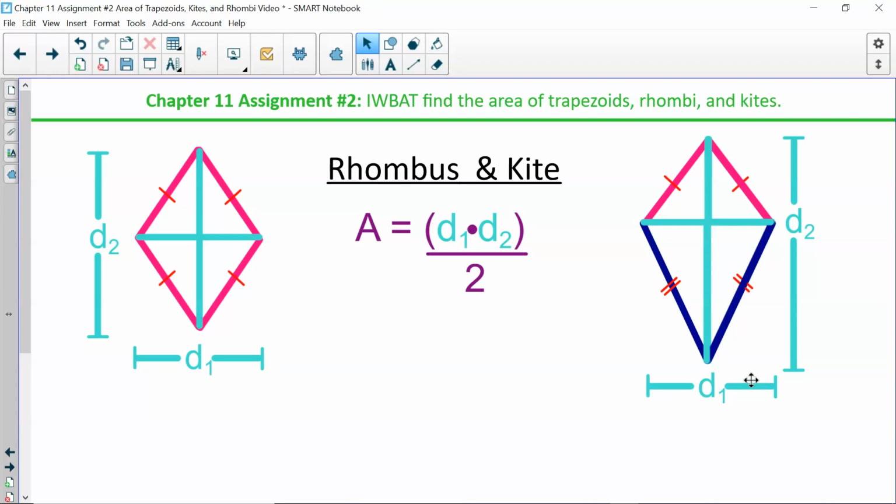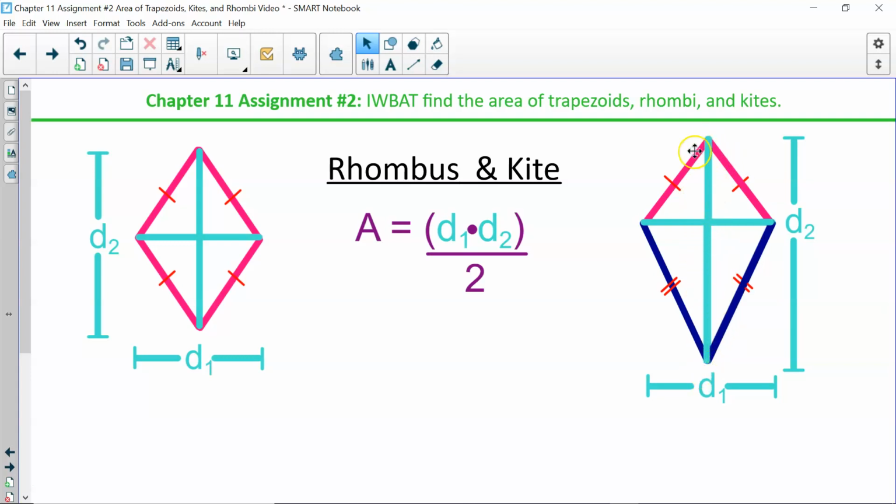So I would like to do one more demonstration. This demonstration I will do on the kite, but you could also do it on the rhombus as well. And I just would like to show you why this area formula makes sense. So I'm going to take the right side of my kite.